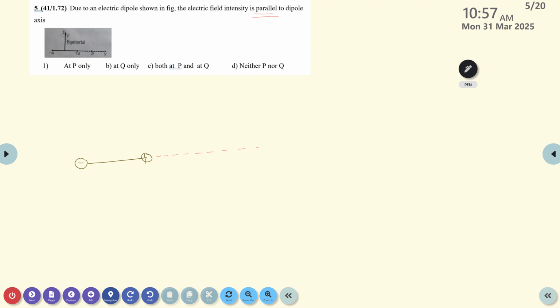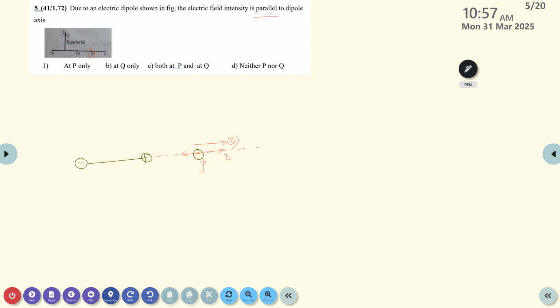This is called the dipole axis. Here he considers the point P. For the positive charge, the electric field is E. For the negative charge, it is like this. But the resultant field is acting like this only, as you know, in the axial line. This point P lies in the axial line.